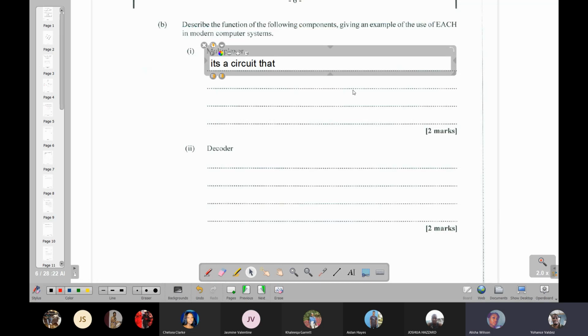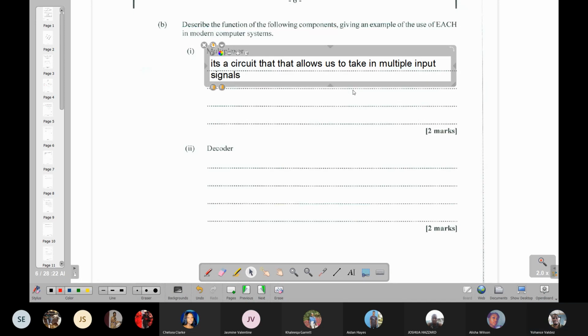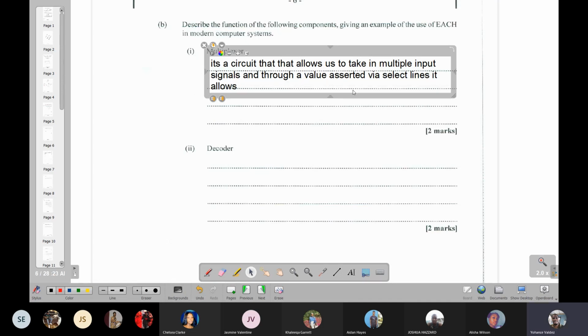Right, so it's a circuit that allows us to take in multiple input signals and, through a value asserted on a select line, it allows those multiple inputs to utilize a single output line.